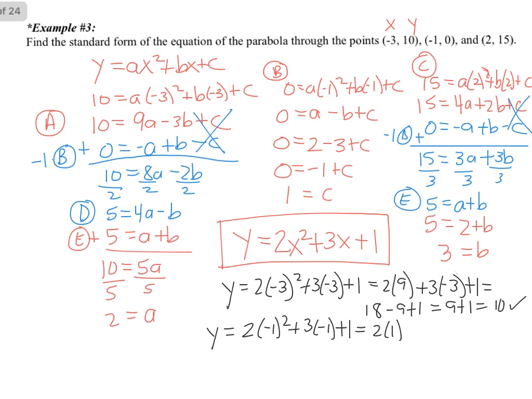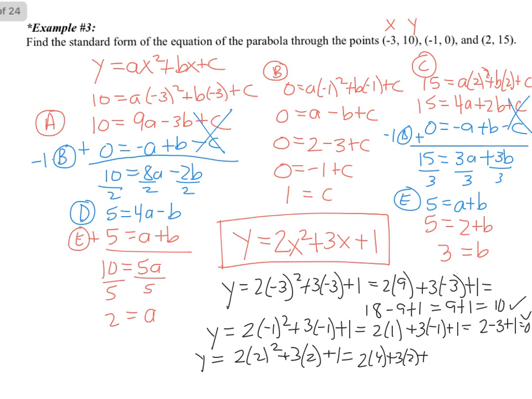Negative 1 squared is 1. So when I do my multiplying, I have 2 minus 3 plus 1, which does in fact equal 0, so that checks. And then for the third one, when I plug in 2, I'd better get 15. So 2 squared is 4. 8 plus 6 is 14, plus 1 more is in fact 15. So it checks, and I have the correct equation for the parabola.